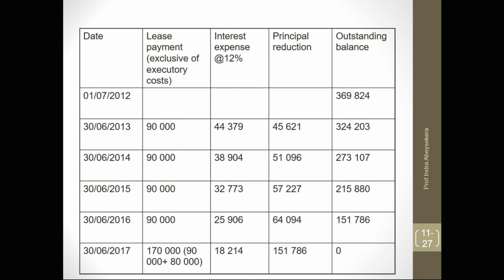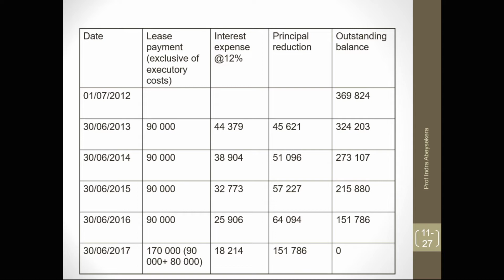The interest expense is 12% of 151,786, which is 18,214. We take the difference from the total value, which is the principal reduction, 151,786, and there's no outstanding balance thereafter.